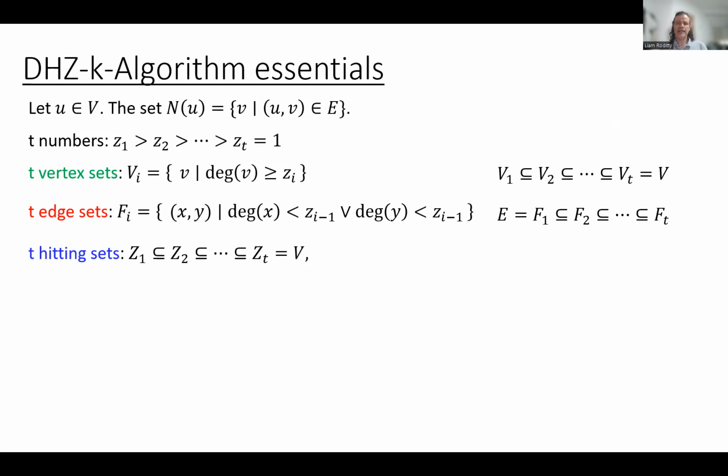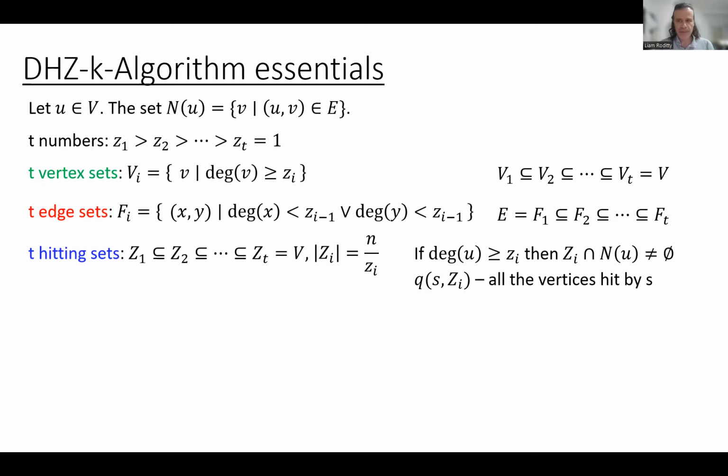Finally, we have the hitting sets. These sets are supposed to hit the neighbor sets with respect to the size of the neighbor set. The size of Zi is n over Zi. And the requirement for this set is that if the degree of a vertex u is at least Zi, then the set Zi contains one of the neighbors of u.